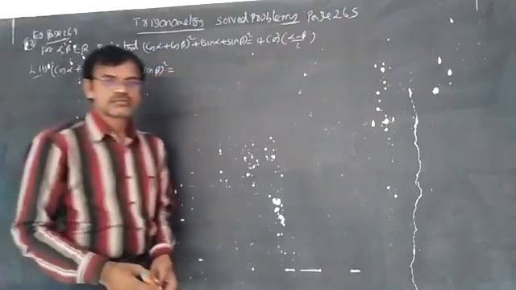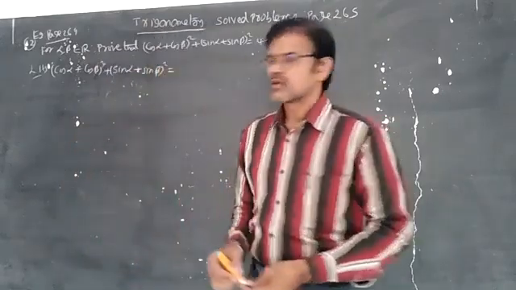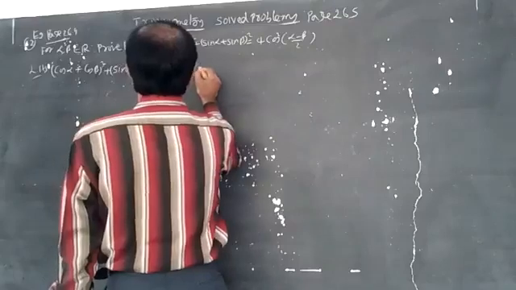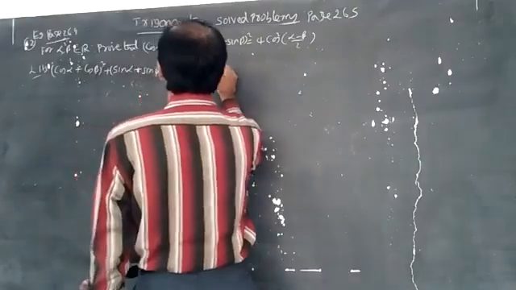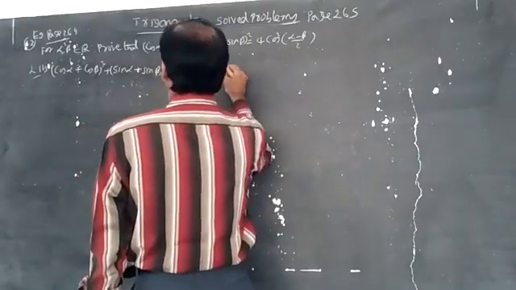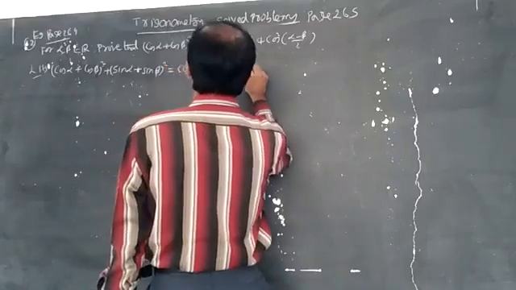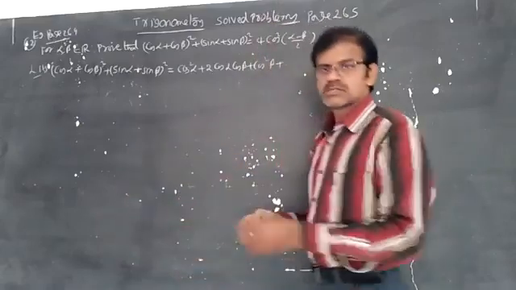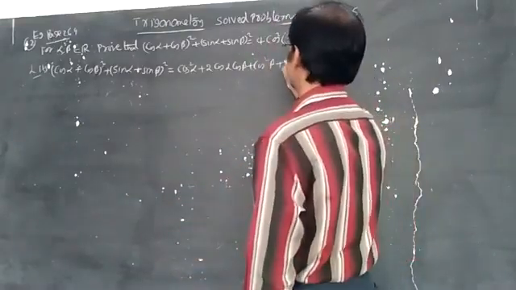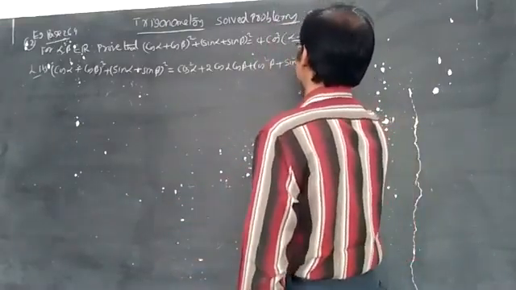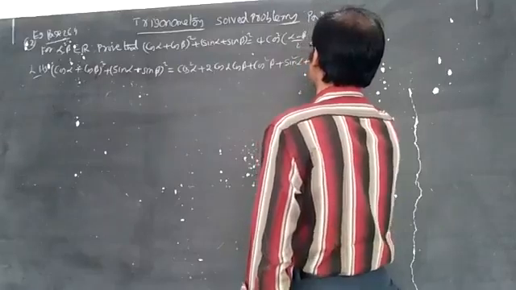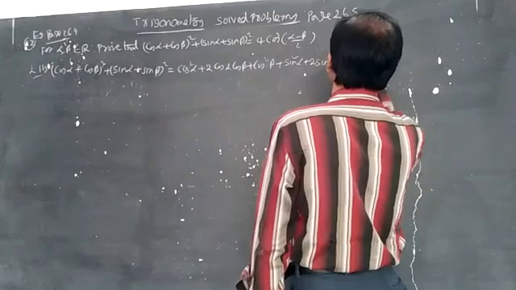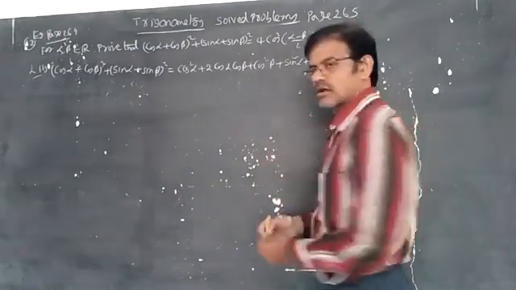Expand this using the (a + b)² formula, a² + 2ab + b². So cos²alpha + 2 cos alpha cos beta + cos²beta, next sin²alpha + 2 sin alpha sin beta + sin²beta.